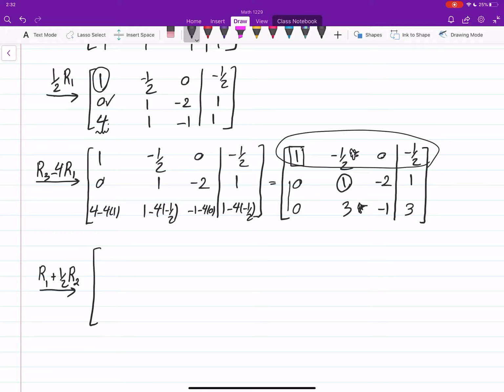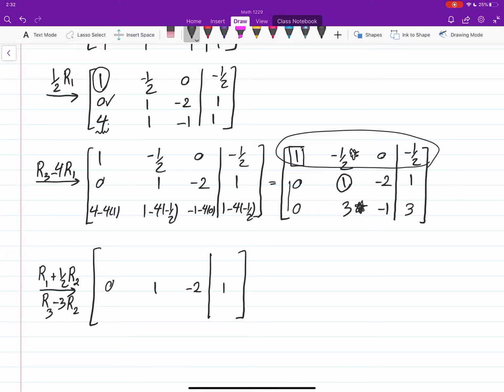How can I do this other one? R3. Sorry, the 3. Well, negative of 3 is -3. Multiply it to the row with the leading one, which is R2, and then add it to row 3. So in both operations, R2 doesn't change. So we have this staying the same.